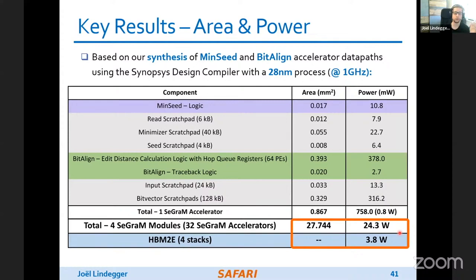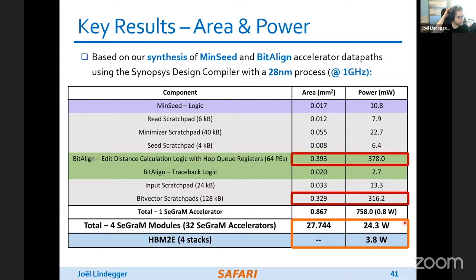So we're doing very well in terms of power. Interestingly, it's really the compute module that takes the majority of the power. The HBM memory, the off-chip memory, is not taking up too much power, which is good because we'd rather spend our power on computation.